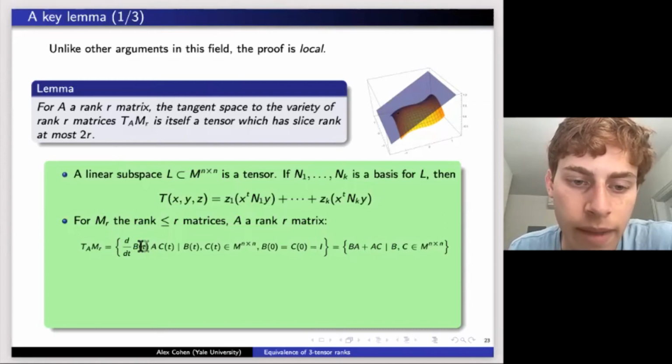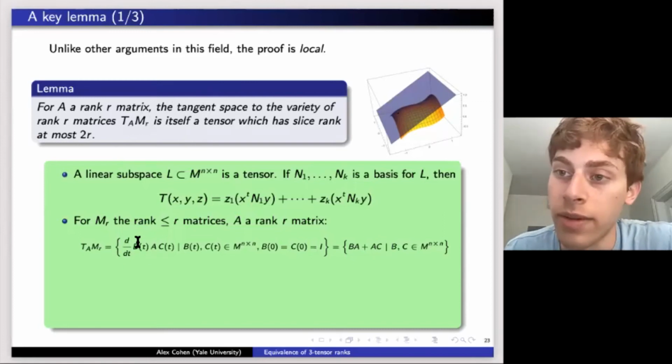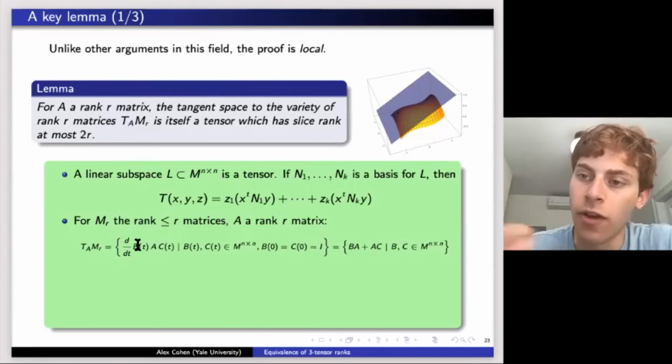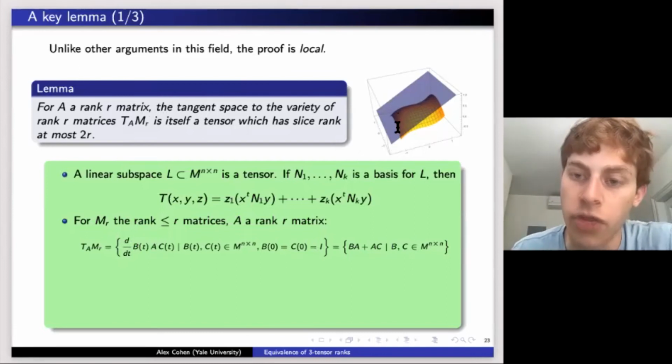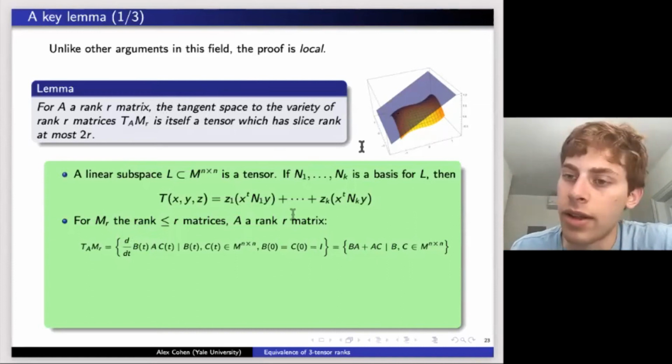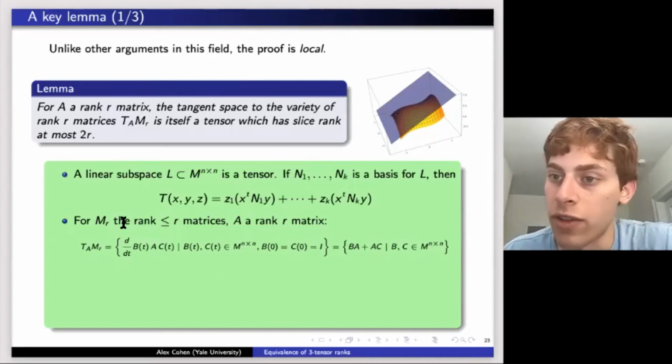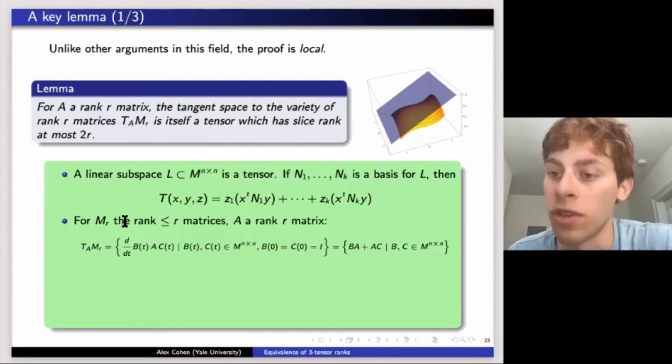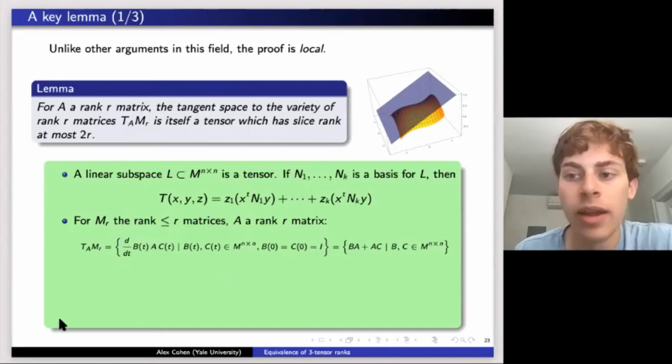So a velocity vector, right? The tangent space consists of all of the velocity vectors through A, coming from curves on the variety of rank R matrices. This definition isn't what we actually use in the proof, but it's a nice way to think about it.